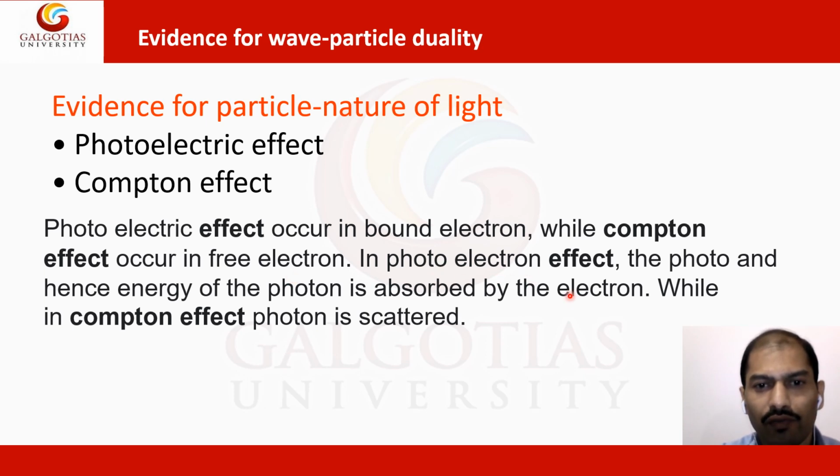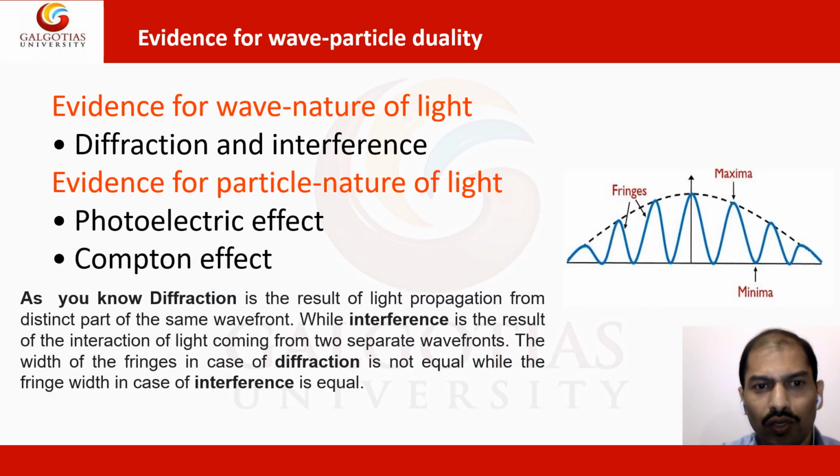In the photoelectric effect, the energy of the photon is absorbed by the electron, while in the Compton effect the photon is scattered. In this way there are different examples explaining the evidence for the particle nature of light as well as the wave nature of light. Since there are different evidences, this is known as dual characteristic behavior.